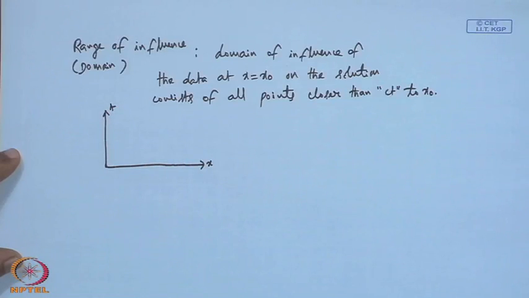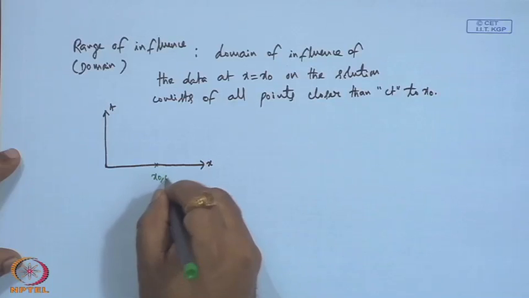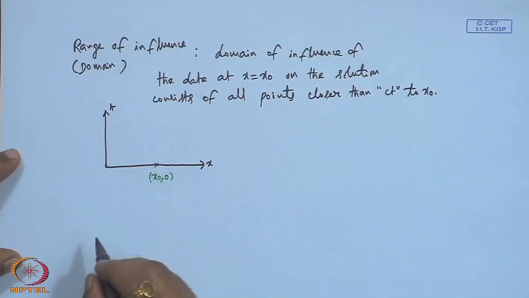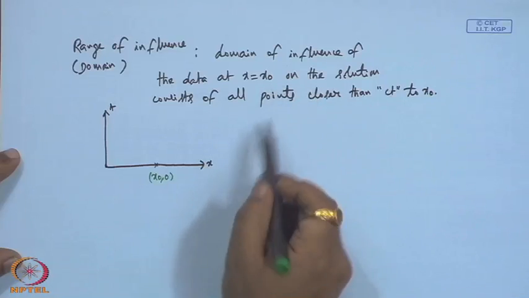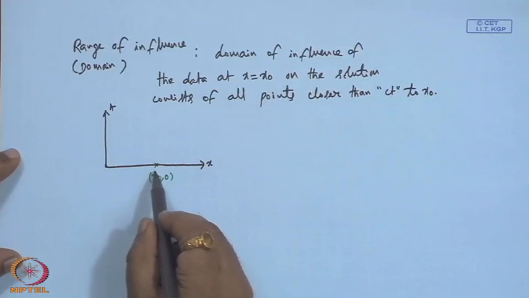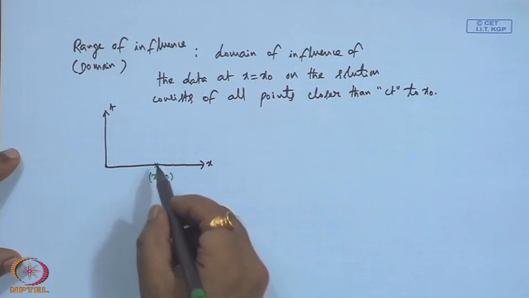Suppose we take the initial point, then the domain of influence of the data at x equal to x naught on the solution means how far this would influence the solution.